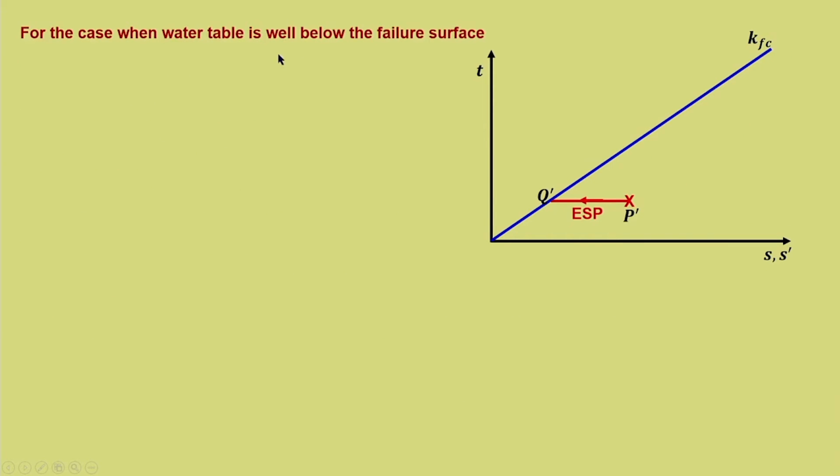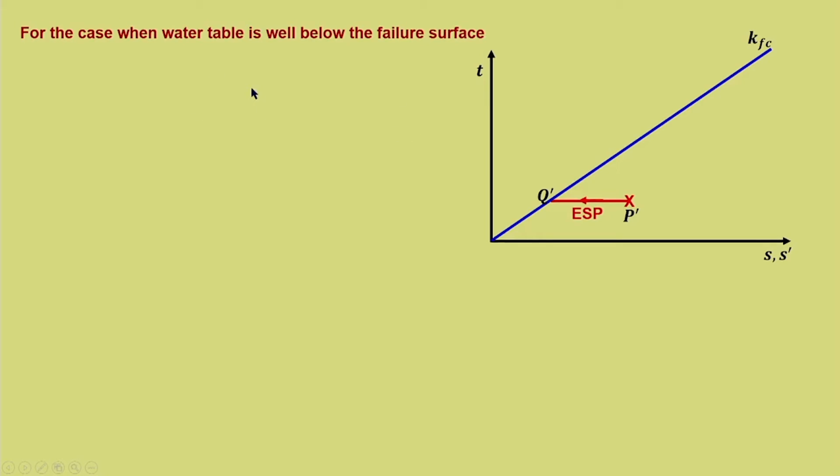Now we have considered the case where the water table is above the failure surface. Here, let us try to see what difference it will make from P dash Q dash if the water table is well below the failure surface. What is the implication when the water table is below? When the water table is below, the pore water pressure along the failure surface will be initially negative.